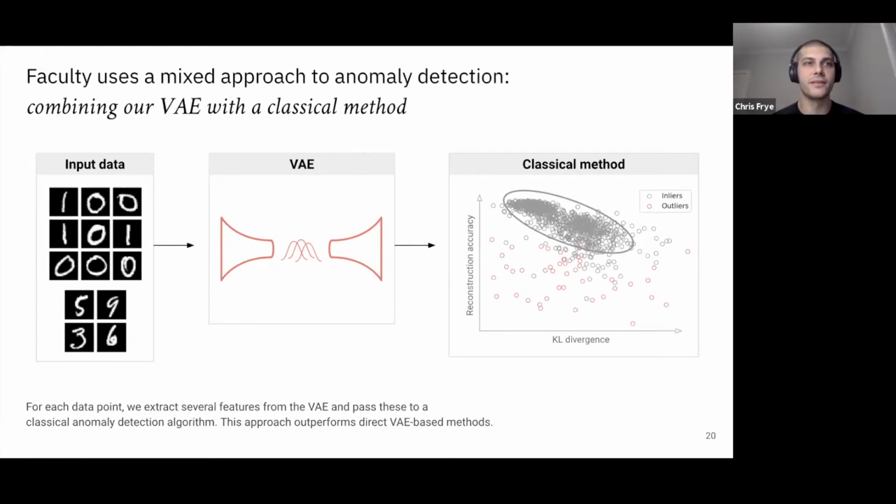And then we pass these extracted features to an anomaly detection method, a classical method, for example, an isolation forest. And we find that extracting multiple features from the VAE like this allows us to perform better than just using a single feature, like the reconstruction accuracy by itself.